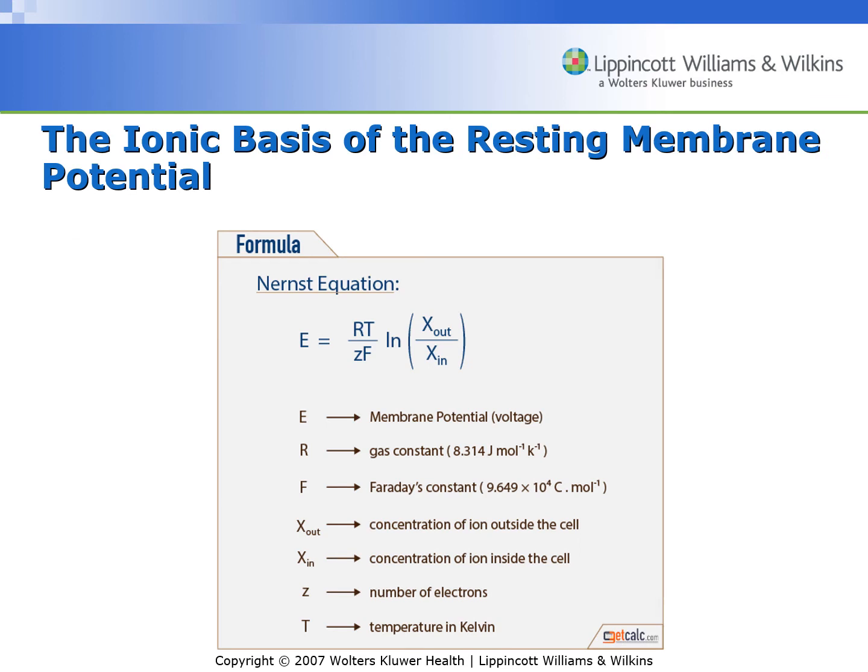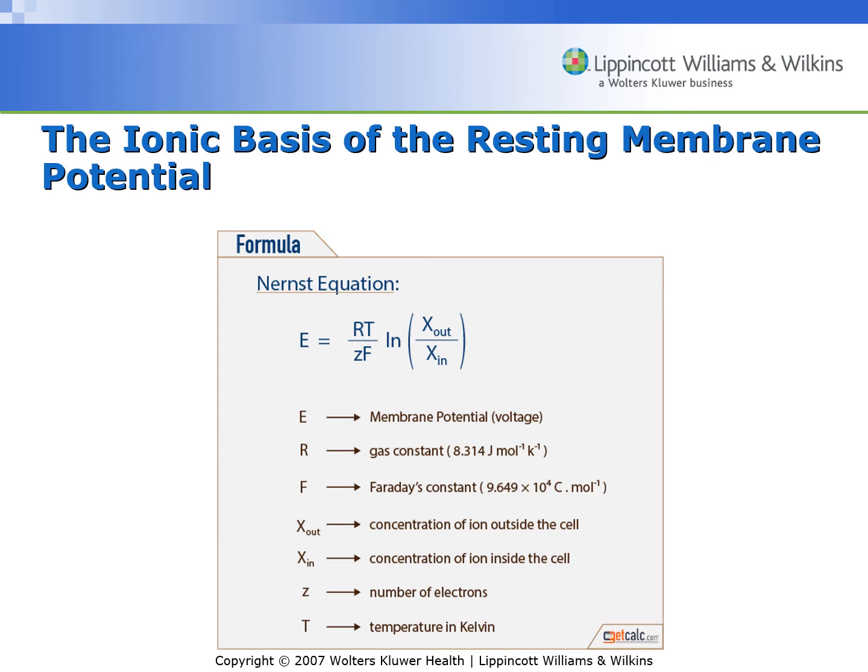But just for those of you who might be interested, here's the formula right here. The equilibrium potential, the membrane potential, is equal to the gas constant R times the temperature in Kelvin over Z, which is the number of electrons, meaning the charge.